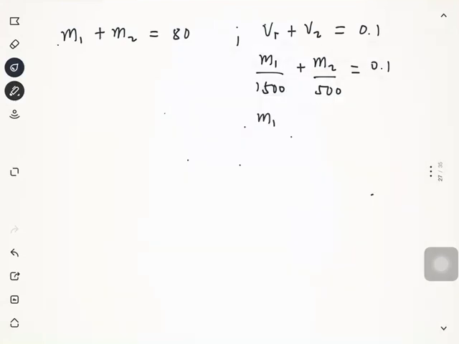This is mass 1 plus 3 m2 equals 0.1 times 1500.